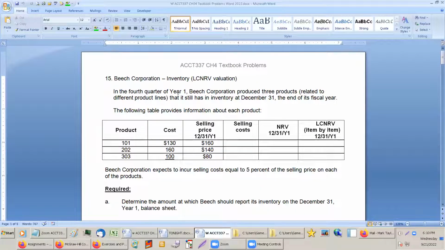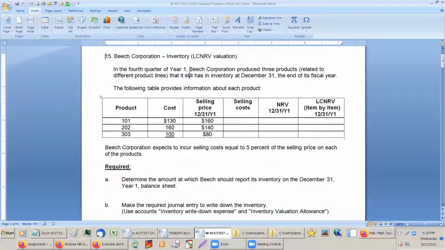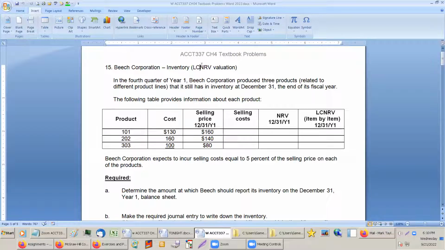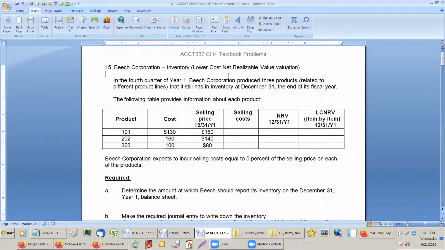Okay. So what we're going to do is go through the lower of cost or market, or lower of cost and net realizable value, which this is. See that? Okay, lower of cost or market, net realizable value.